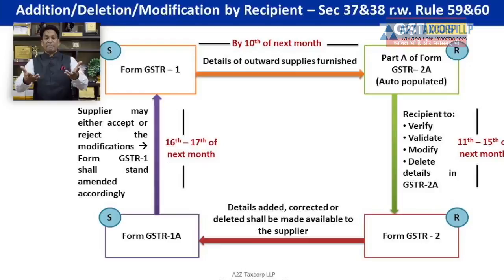What happened? Being recipient, you will not find that particular entry in GSTR2A. The question comes, can you really take credit? You have the invoice, you have received the goods, but the invoice particulars are not uploaded by the supplier. Yes, you can add. You can add this transaction in your GSTR2A while finalizing GSTR2.